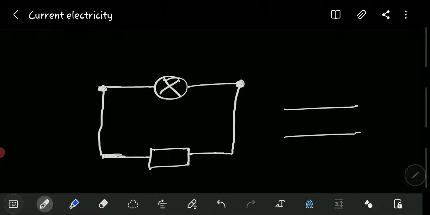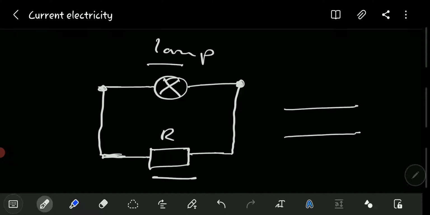If these terminals of my resistor are connected to this terminal of the lamp, and this other one is connected to this terminal of the lamp, then these are parallel, just like parallel lines. Parallel lines move like that. So we have a component here and another component there. So these are in parallel. So this is our resistor, that is our lamp.